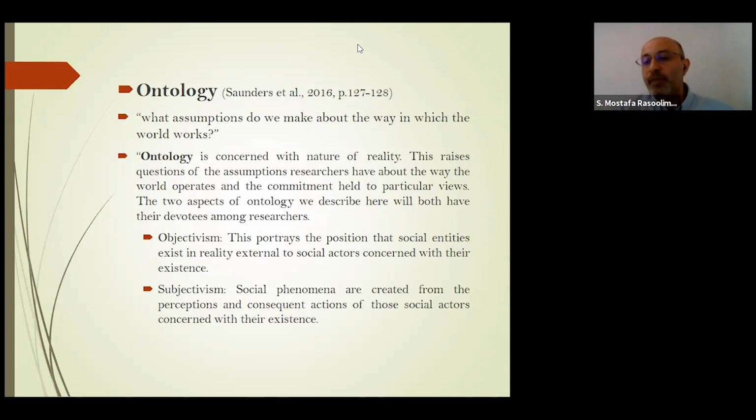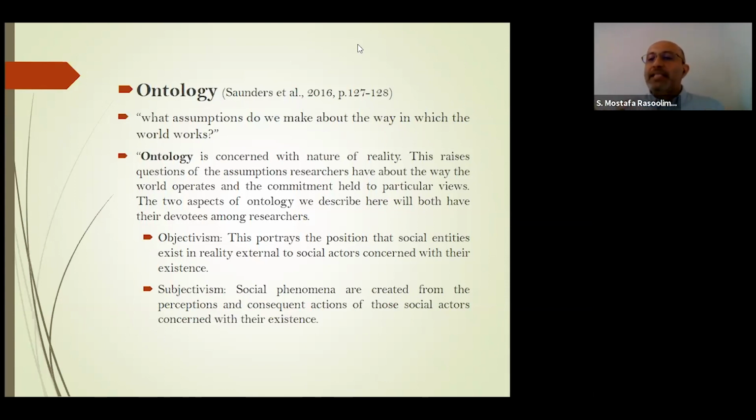For example, when we talk about satisfaction, or when we talk about values or beliefs or attitudes of people, how do we understand these concepts, and what's our understanding and opinion about the reality of these concepts?